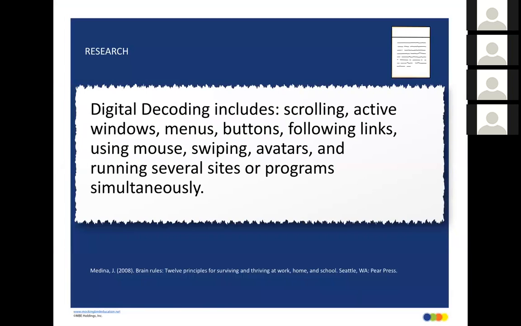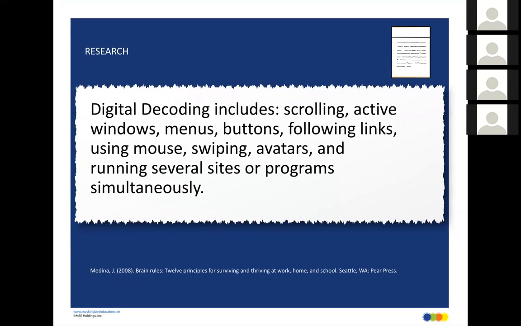So to get more specific, digital decoding, literally, when we talk about that, what we mean is, do learners understand things like scrolling or how many active windows they have up, or being able to use menus and buttons, how to follow links, using mice, swiping, using an avatar, running several programs at the same time simultaneously, and being able to flip back and forth between those things.